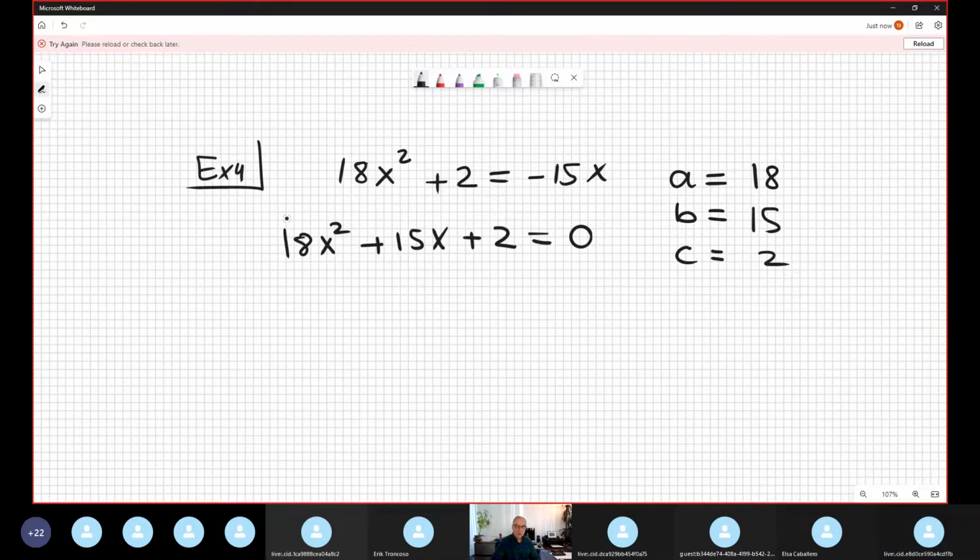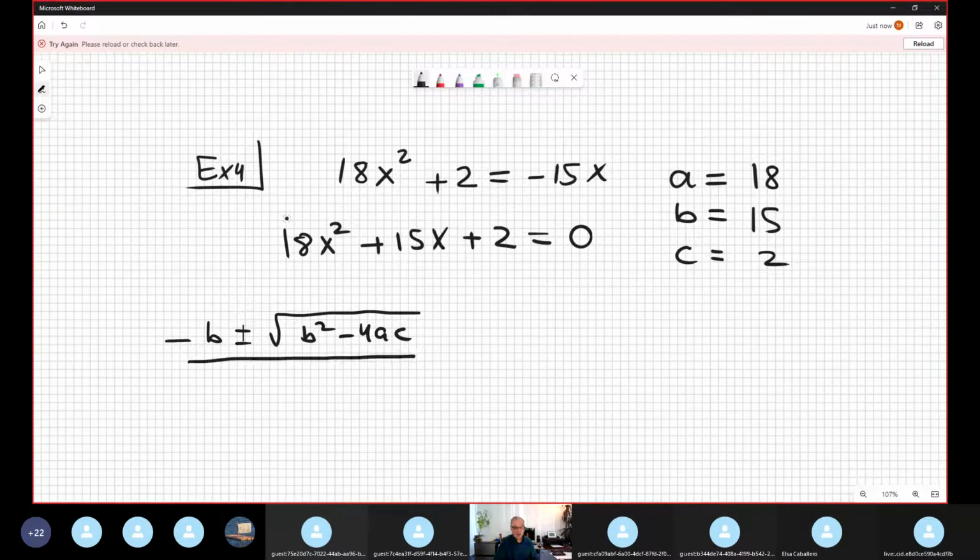Okay, typical mistake: some students do not organize the equation first and believe that B is negative 15. Wrong. Now I'm plugging in my famous formula. I copy the formula in a systematic way.